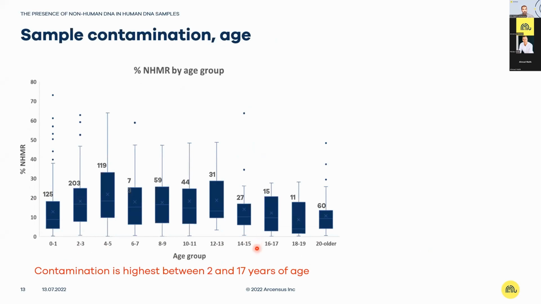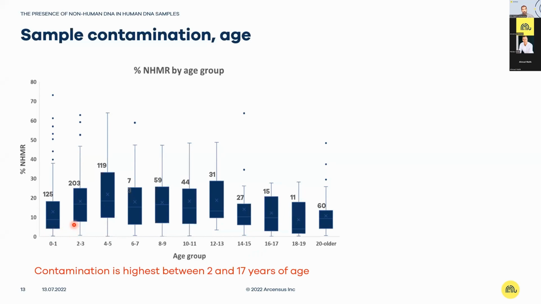And as you can see, within each group, there's still some deviation when it comes to the level of non-human mapped reads. But what we can see is that there is a trend: the infants of the youngest age group have the lowest contamination in terms of the average.